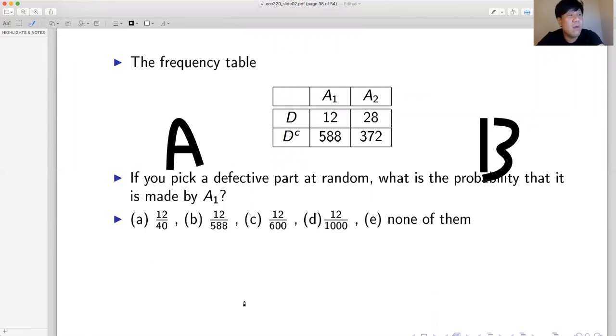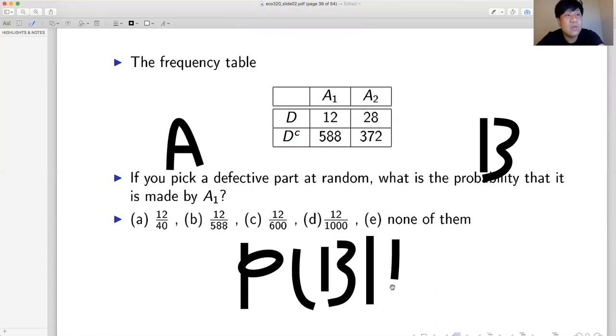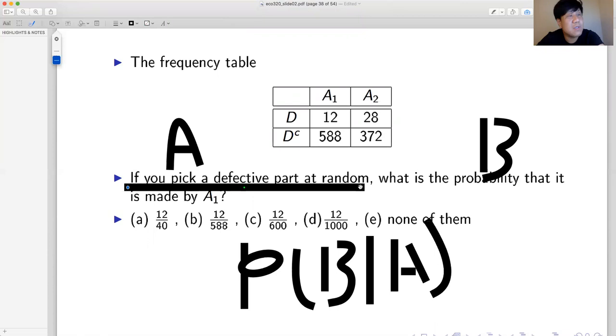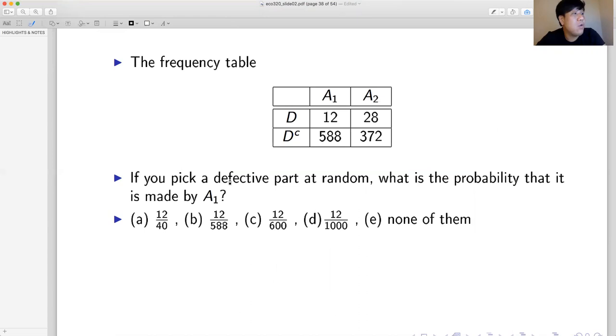That is the probability of B given A, right? That is a conditional probability, because this one happened first, so it goes to here, and then what is the probability of B? So that is an if statement, okay? We are looking for the probability of A1 given defective, so please try to do that.